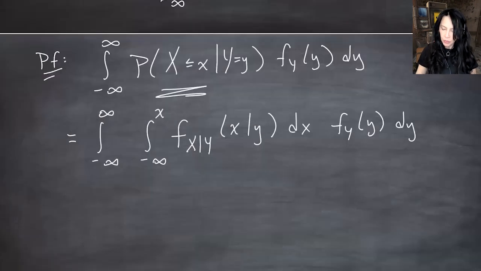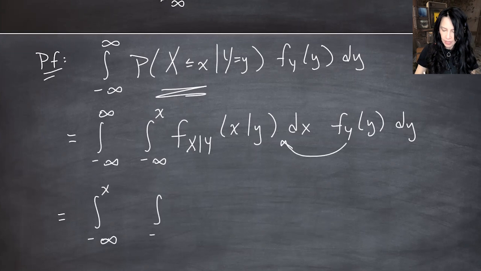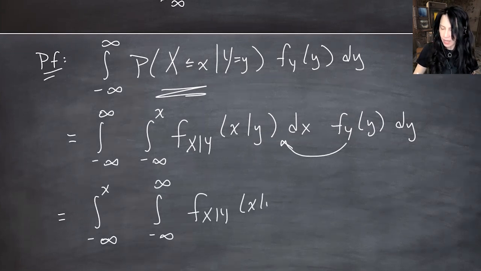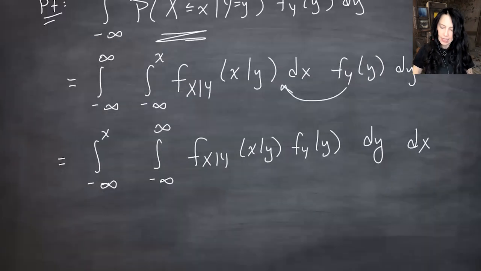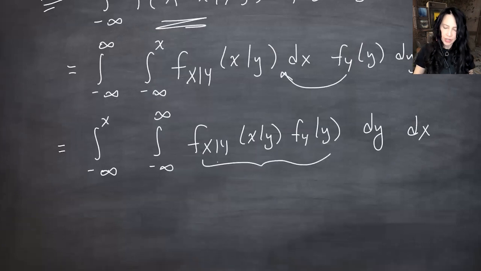And if you pull this inside and interchange the order of things here, so minus infinity to x, minus infinity to infinity, I've got f of x given y times f_Y of y. I've interchanged the order, so dy dx. This thing, if you look at our definition now of the conditional PDF, is just the joint PDF.